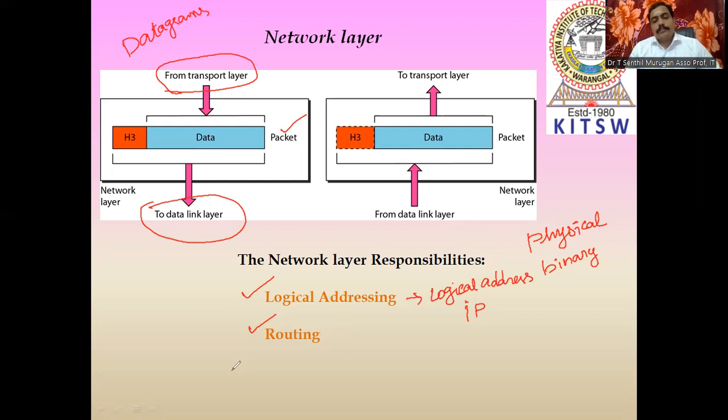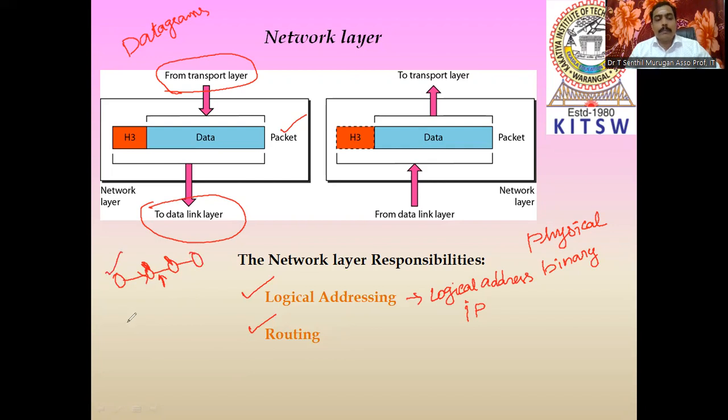In the previous data link layer, I spoke about hop-to-hop delivery. One hop has the responsibility to deliver the information only up to a certain point. Another data link layer is responsible up to the next point, and finally the information reaches the destination.